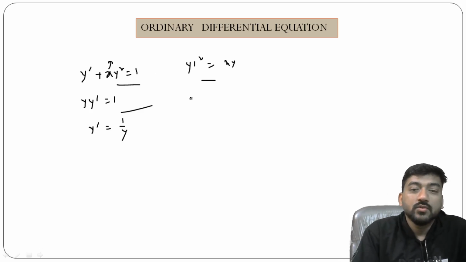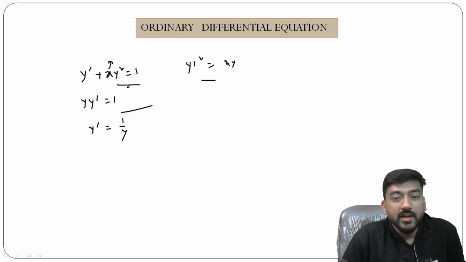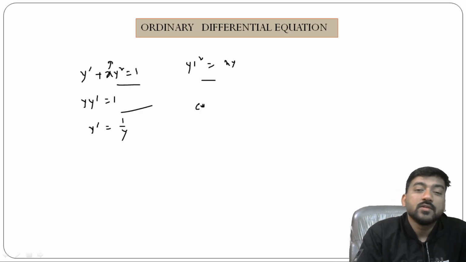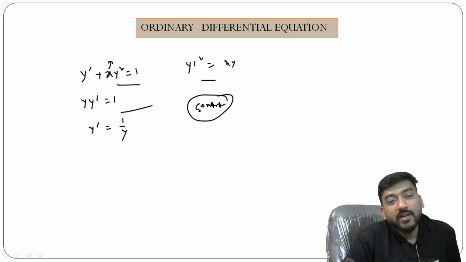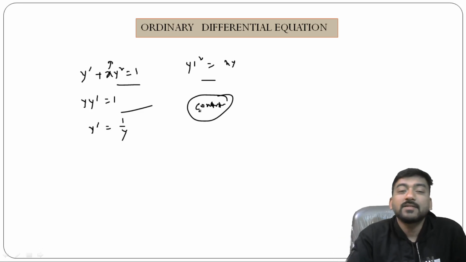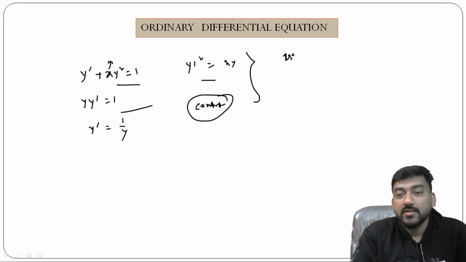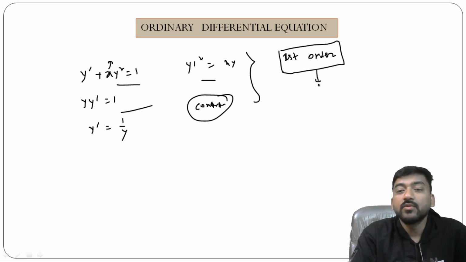So first we discuss the linear differential equation with constant coefficients, which we will discuss basically when we talk about second order linear differential equations. But first let me talk about first order differential equations, then we will move to second order.